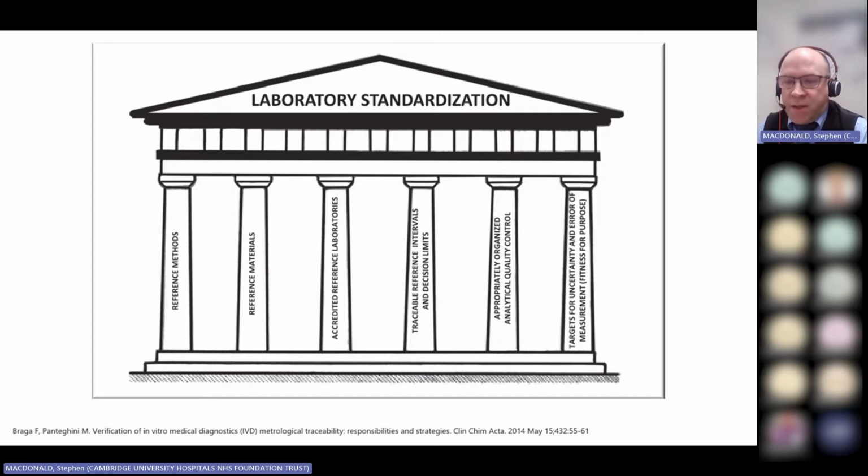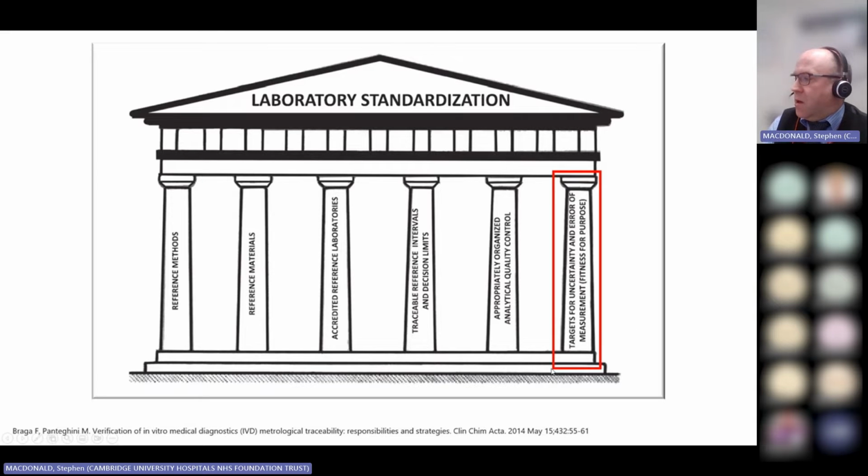The interesting point is that this standardization process both requires and provides the utility of performance specifications. And without standardization, we can't actually provide performance specifications. By then providing performance specifications, of course, we can then drive things further towards harmonization and ultimately standardization.